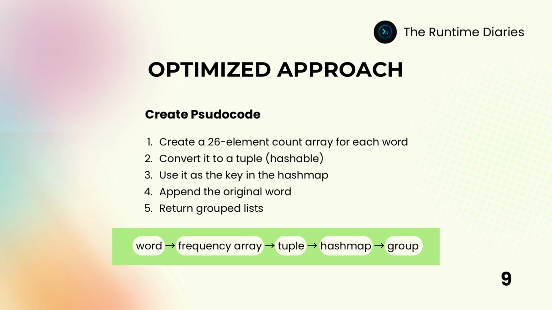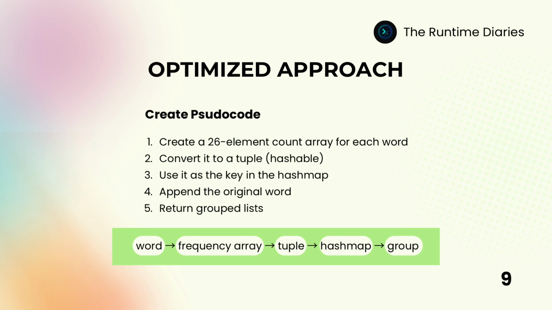The flow becomes: make a list of 26 zeros, increment counts for each letter in the word, turn that list into a tuple, use it as a stable hash map key, append the word into that list.